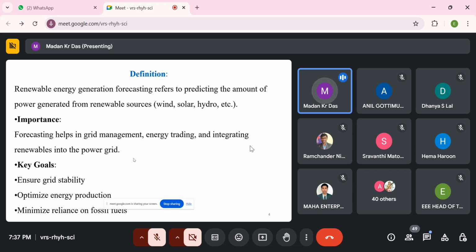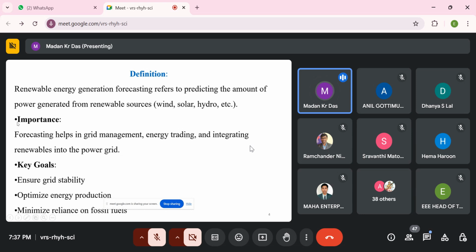Now, the renewable energy forecast for 2024 and beyond predicts strong growth across multiple sectors, driven by technological advancement, supportive government policy, and the global shift toward decarbonization.